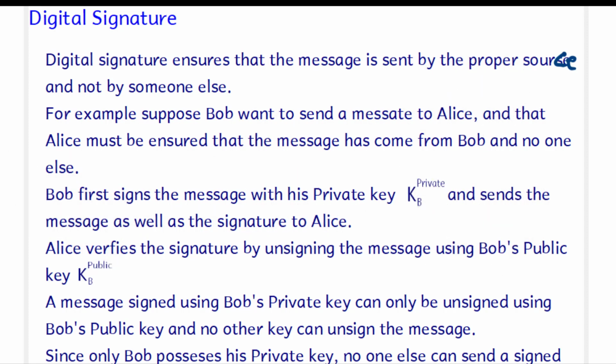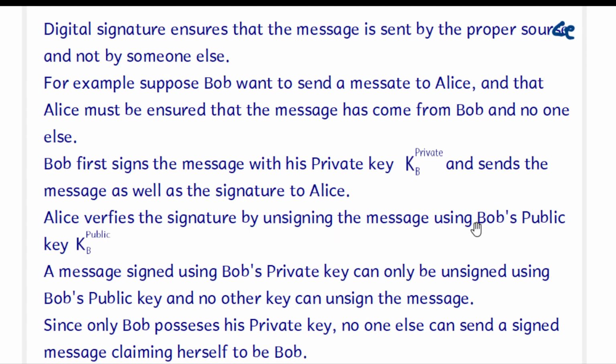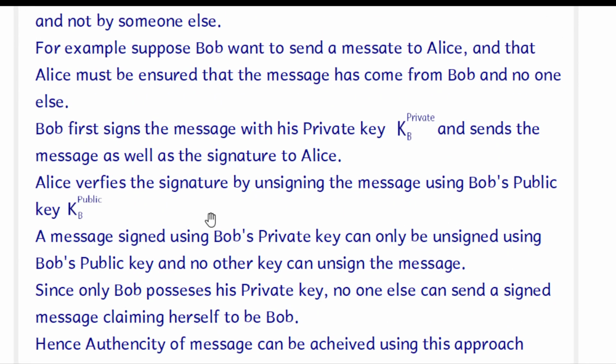Now Alice has to verify the signature, so she unsigns the message using Bob's public key. Asymmetric cryptography ensures that a message signed using Bob's private key can only be unsigned using Bob's public key, and no other key can unsign the message.